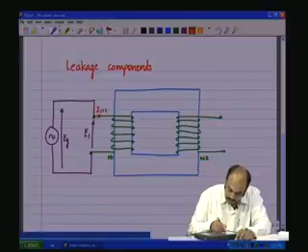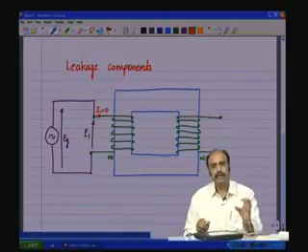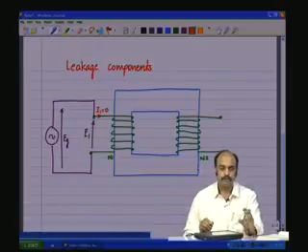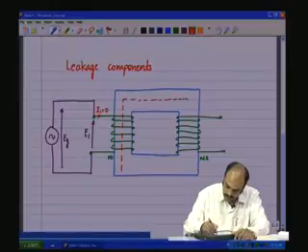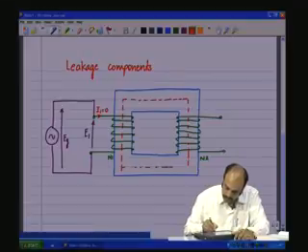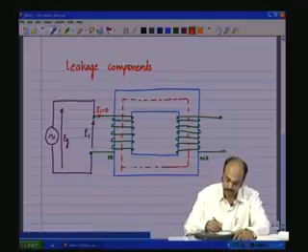there is going to be a flux generated in the core, and that flux generated in the core is something like that.